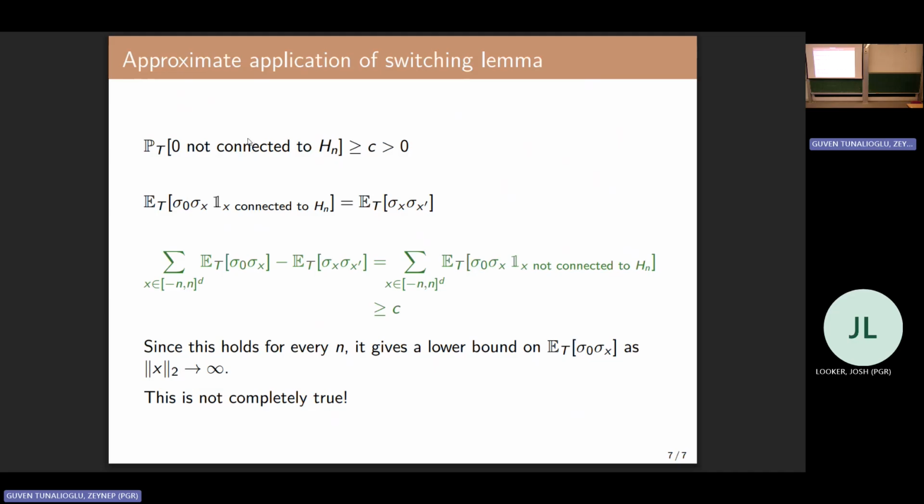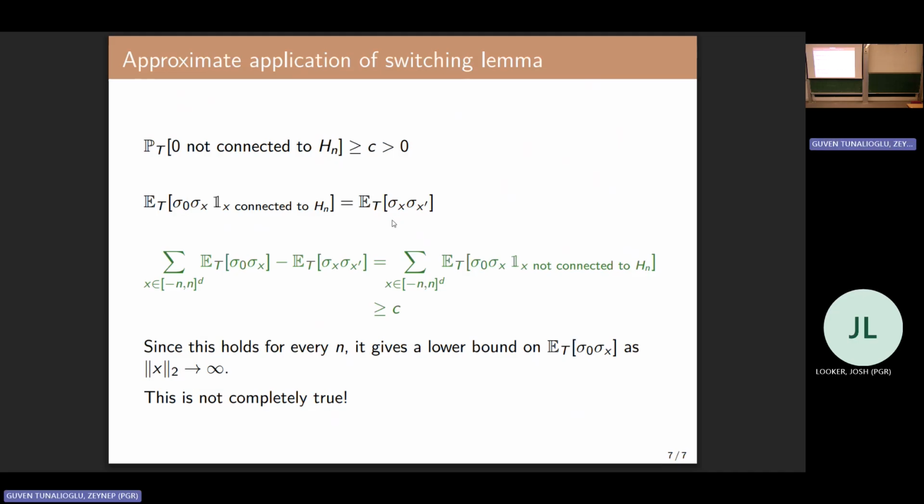And from this, we can then get what is set in here. So the expectation of sigma 0 times sigma X, conditioned on X being connected to HN, is this expectation.